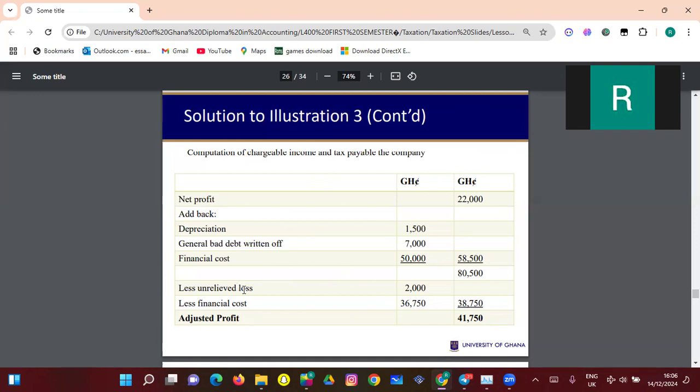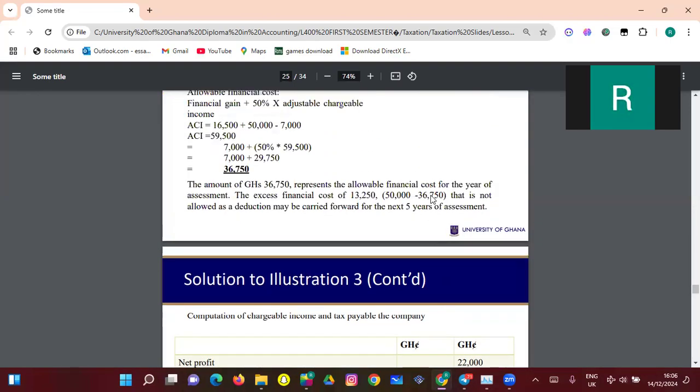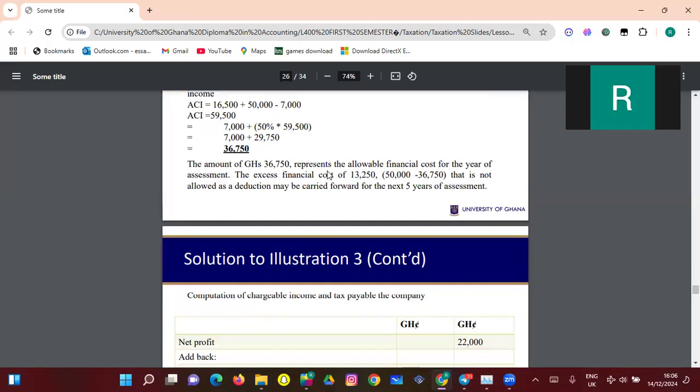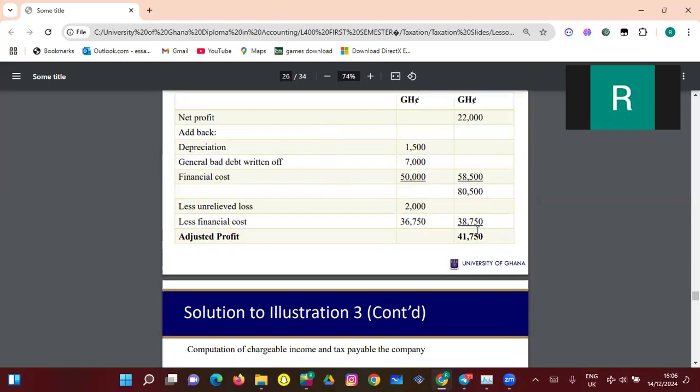So unrelieved loss, for example, 2000 was added, right? In our previous, so reverse it, and then now we charge our finance cost that will be allowable. So that's what we solved here. And then we had this amount, 41,750.